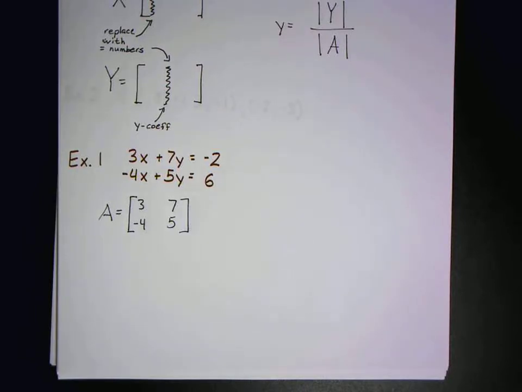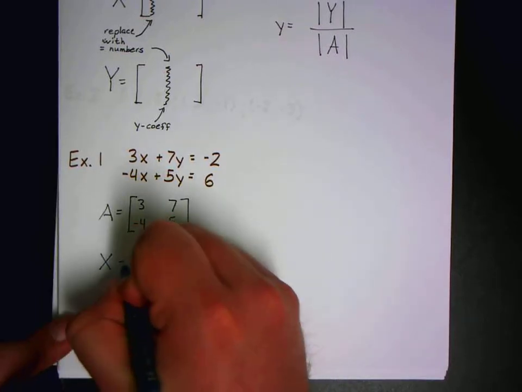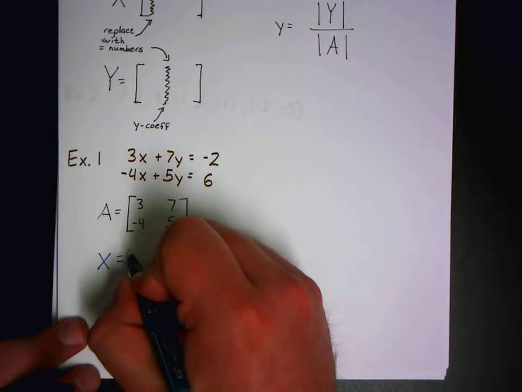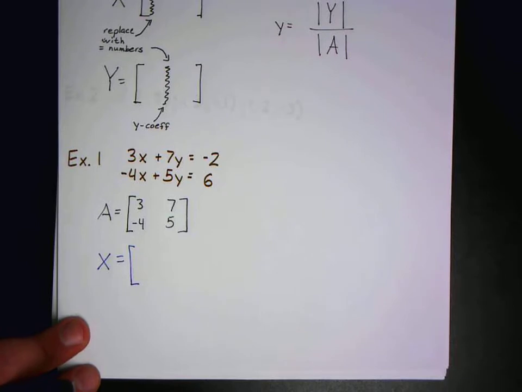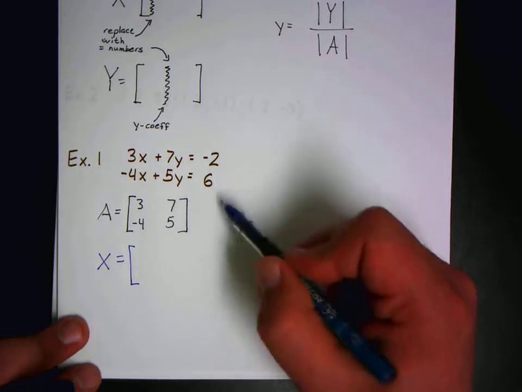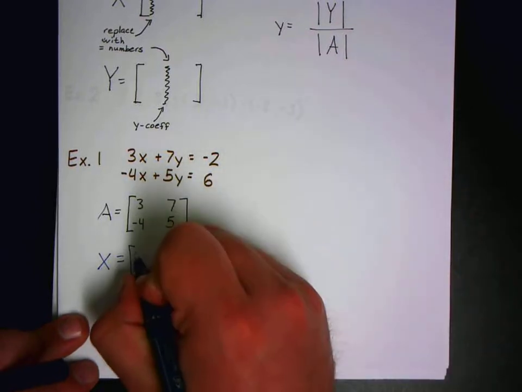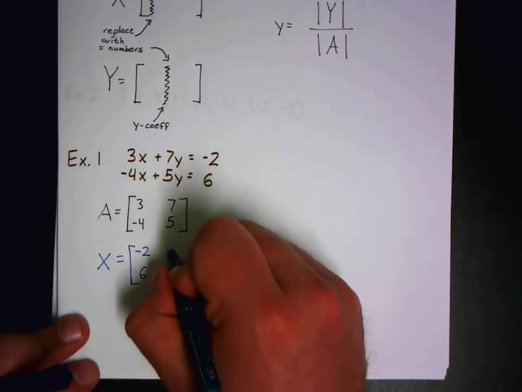Okay, my X matrix, what I'm going to do is I'm going to take out the X coefficients, so the 3 and the -4. I'm going to replace it with whatever's on the other side of the equal sign. So I take out the X's and replace it with the equal sign numbers.